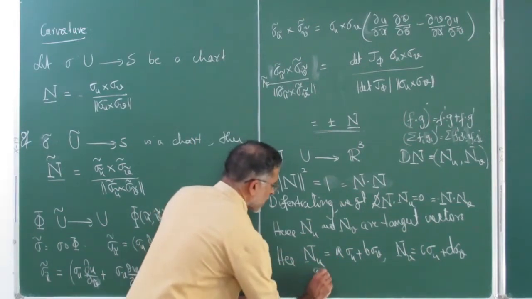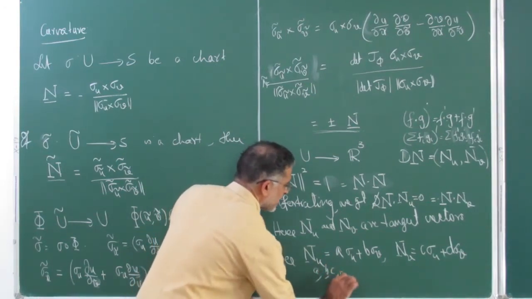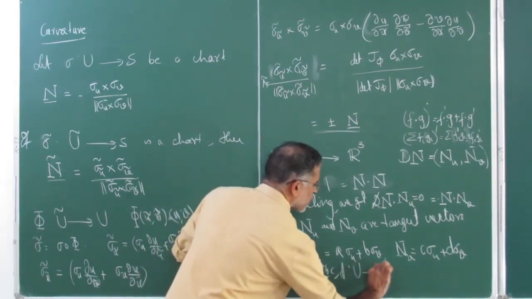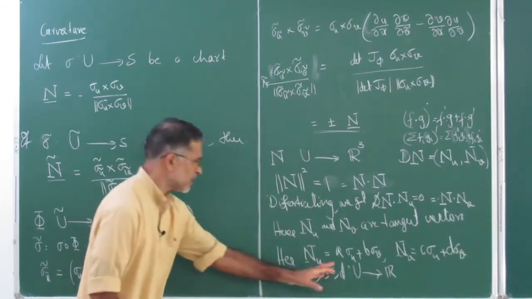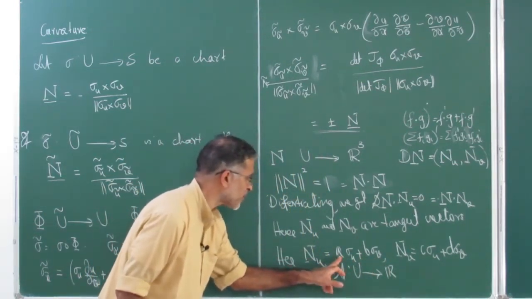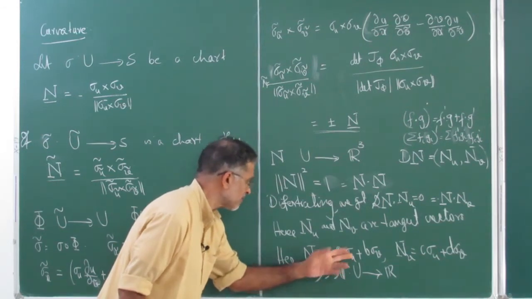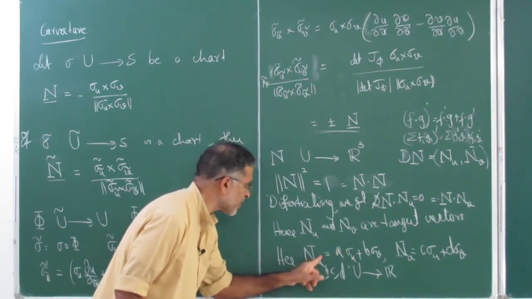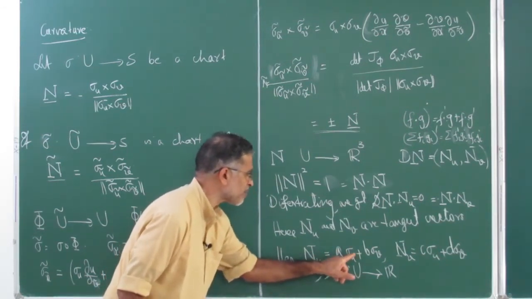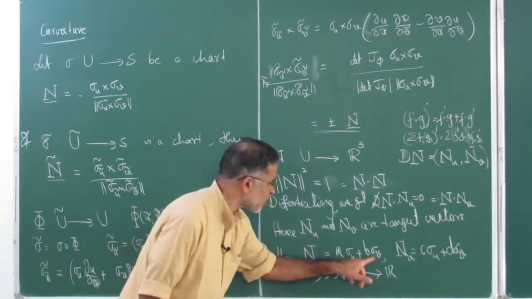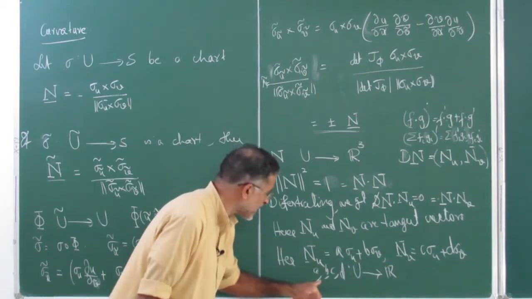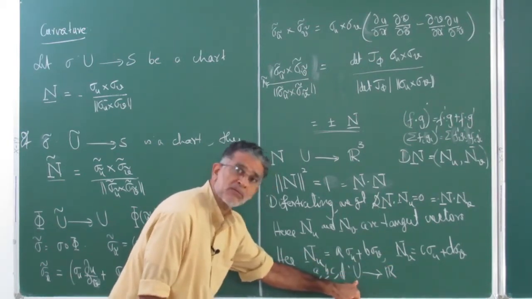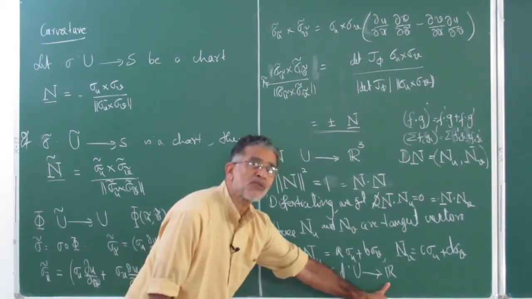So A, B, C, D are functions from U to R, scalars, because it's a scalar multiple, so at every point you get a real number. A at u comma v times sigma u at u comma v plus B at u comma v times sigma v at u comma v. So these are functions defined on U, but real valued functions.